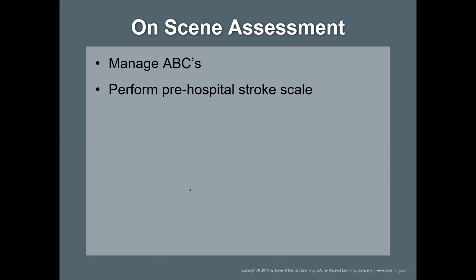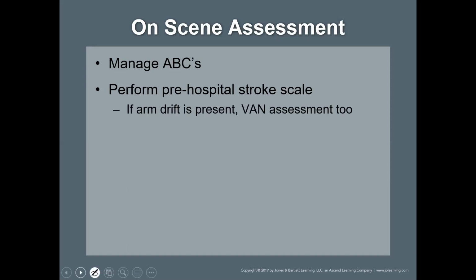So we're going to do a pre-hospital stroke scale. We're going to check that VAN assessment if they have the arm drift. We're going to figure out when their last known well was.